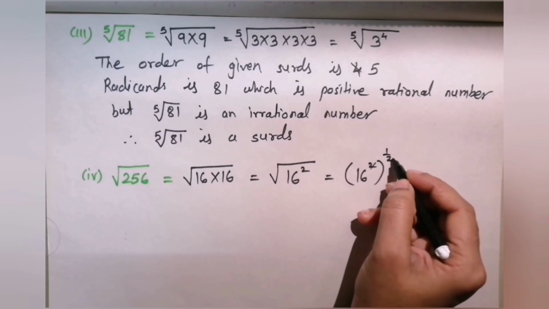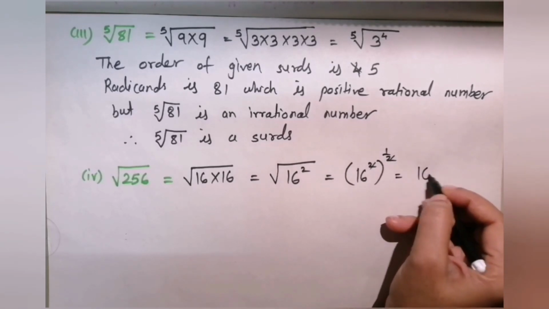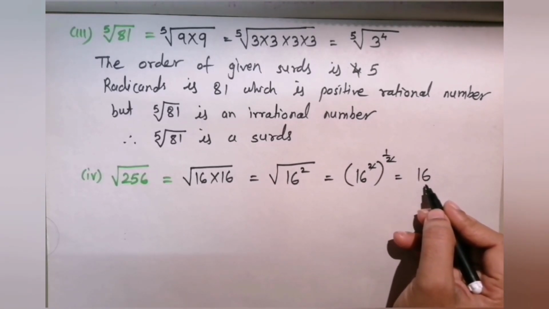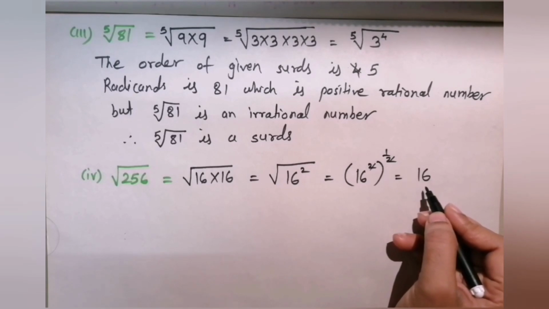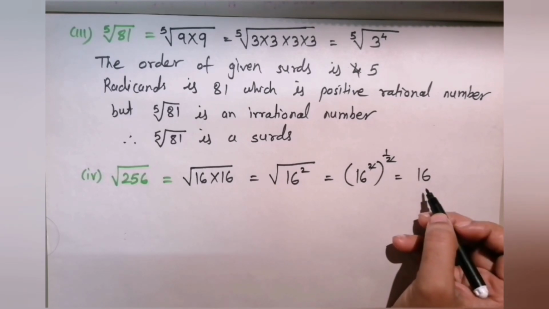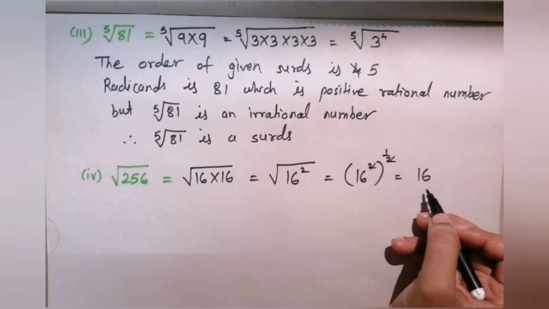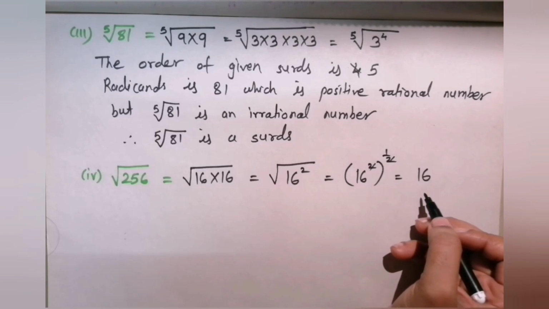Now, this half gets cancelled. Just I will get only 16. So, is 16 irrational or not? Yes, it is not irrational. If it is not irrational, then it is not a surd.